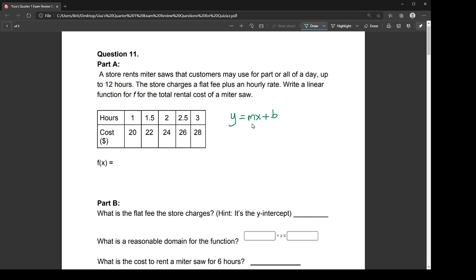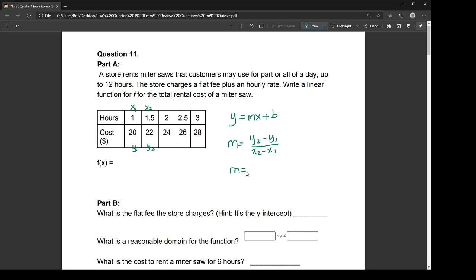So the first thing I'm going to do is try to find my slope. A reminder, the slope is the change in the y value divided by the change in the x value. So I'm going to pick 2 points on our table and just plug them in. I'm going to call this one x1 and x2, and this one y1 and y2.